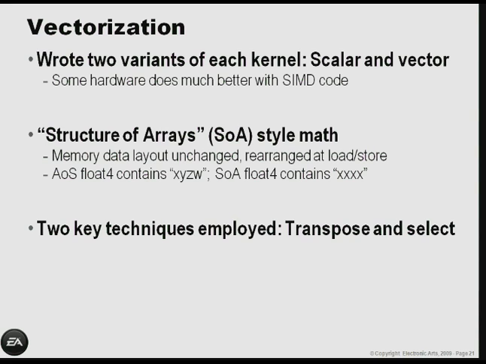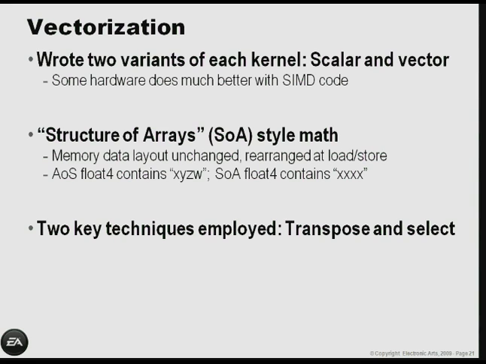So in the case of a vectorized kernel, one of the things that we have to deal with when we're optimizing is that quite often data is laid out for various reasons in a sort of array of structures format where we've got XYZW data in float 4s in big structures that describe some particle or some other object. And that's not really that great for computation in a vector mode.